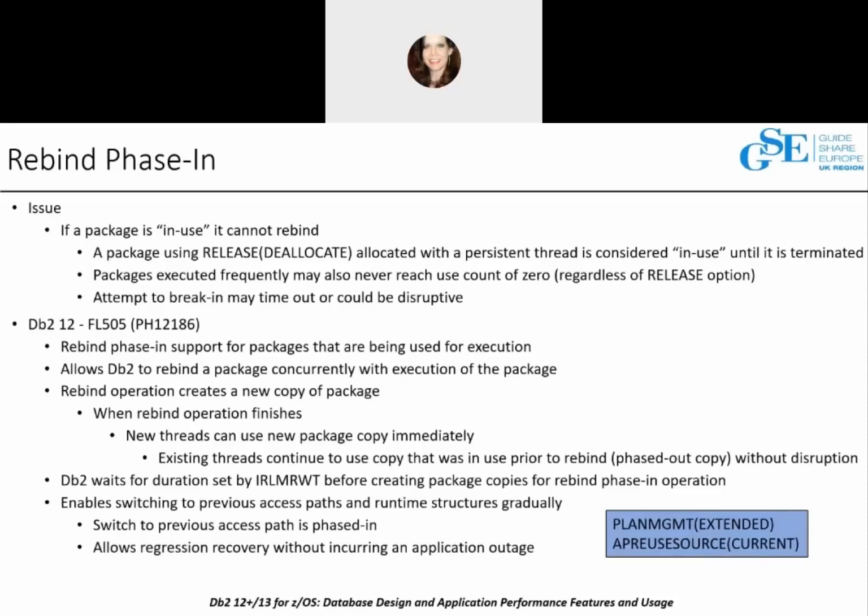Of course, you have to be using Plan Management Extended and APREUSE SOURCE with the option current. Db2 will allow you to switch to your new package when the rebind has finished. So it allows rebind without regression and without incurring an application outage.